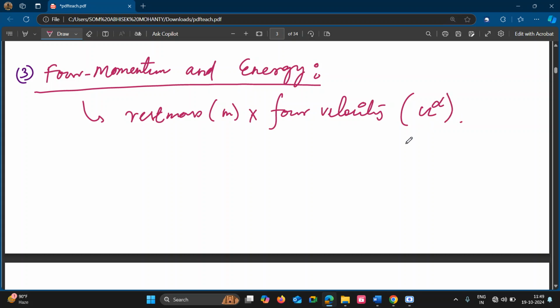So the spatial coordinates of this four momentum correspond to the relativistic three momentum, and the temporal component is proportional to the relativistic energy.